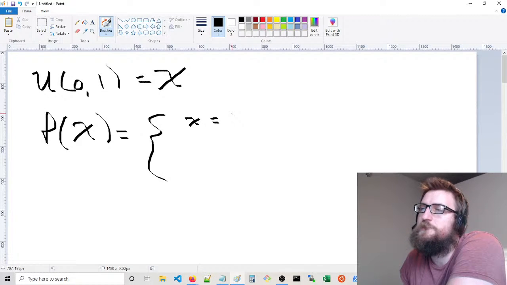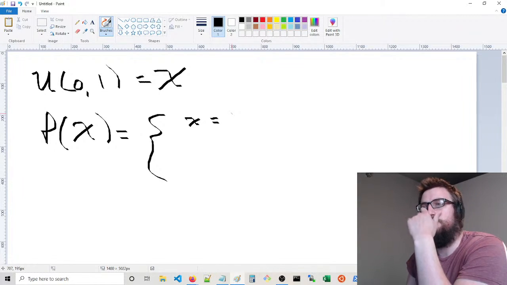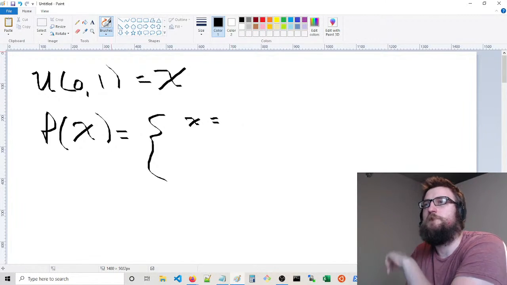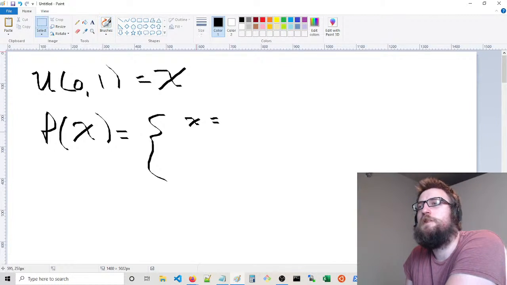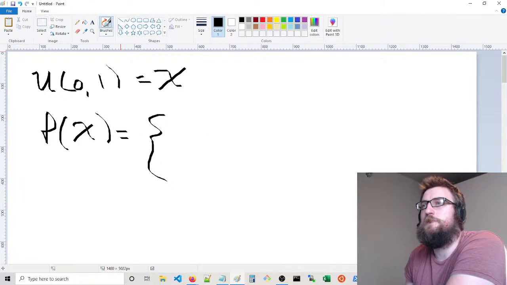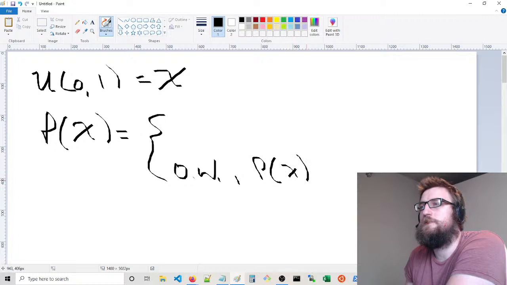If it's uniformly distributed from 0 to 1, there is an equal probability. Everywhere other than 0 to 1, the probability of x is 0.